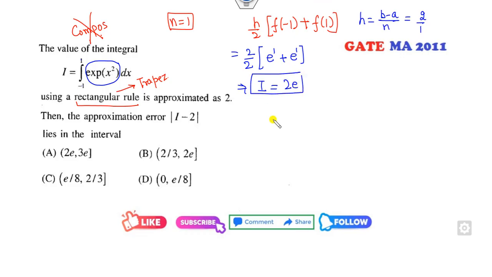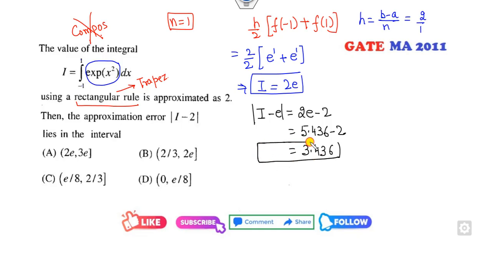Fine. Now your target is to compute I minus e. So that is 2e minus 2. What is e? It is 2.718. So if you multiply them, it's 5.436 minus 2. So it's 3.436. Now take the absolute value, it is again the same number. Now look at which interval it lies in.